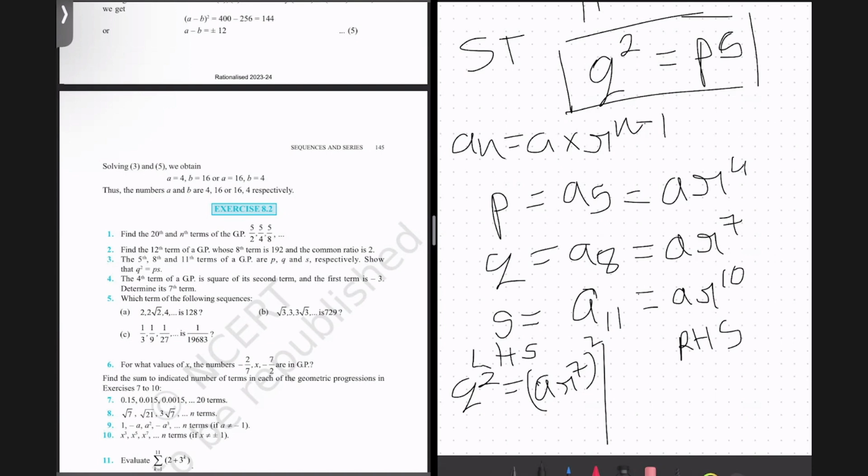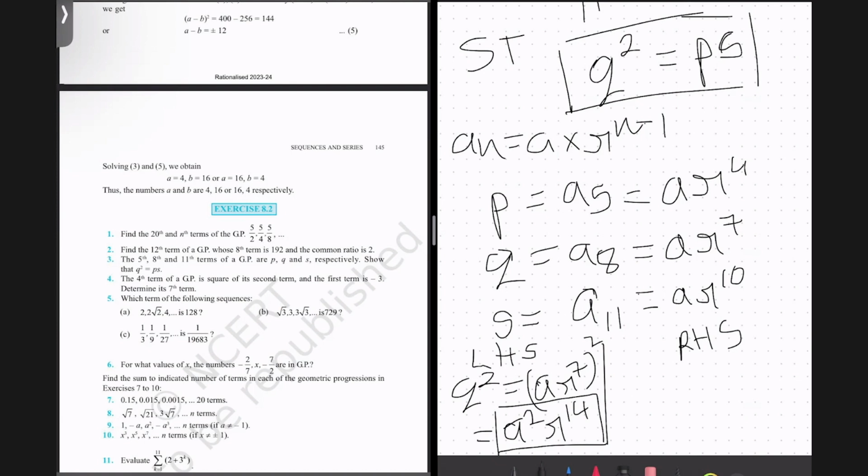I have already denoted Q as A R to the power 7, so I'm just squaring this entire term. I have A square here, and the powers get multiplied, so 7 into 2 would be 14. So I would have R to the power 14.